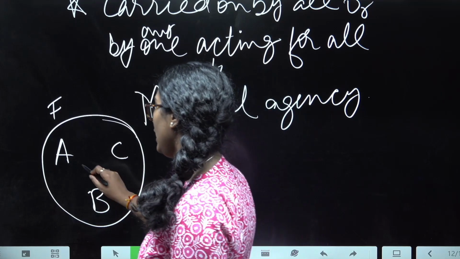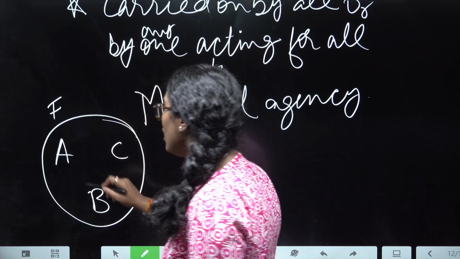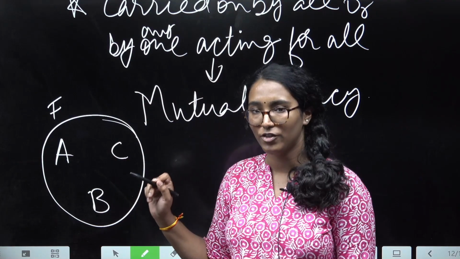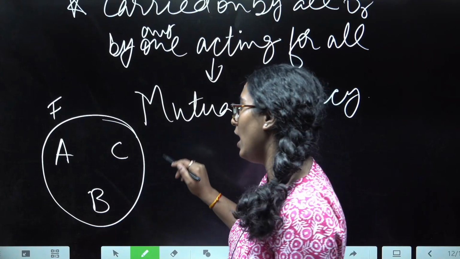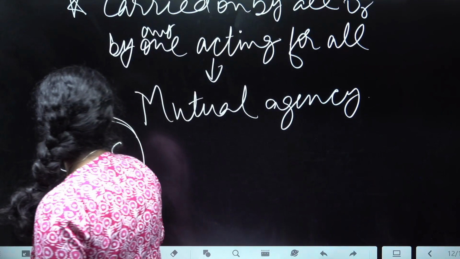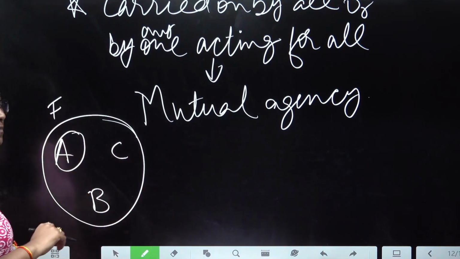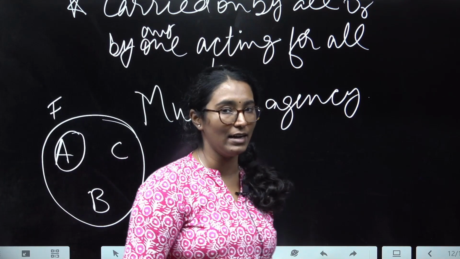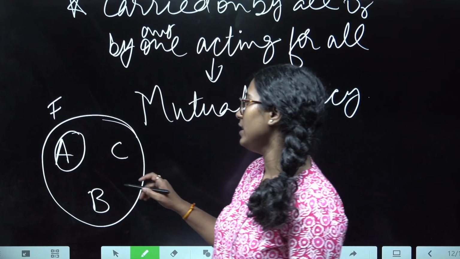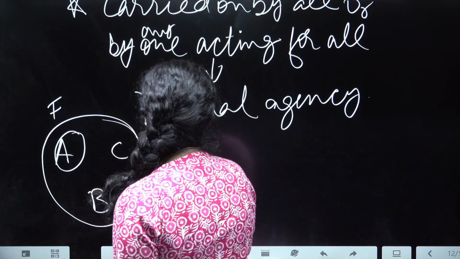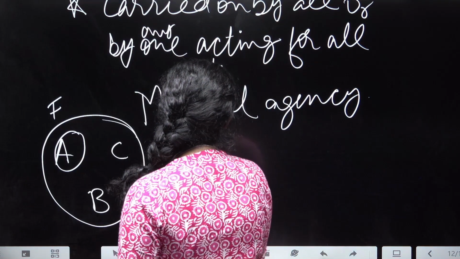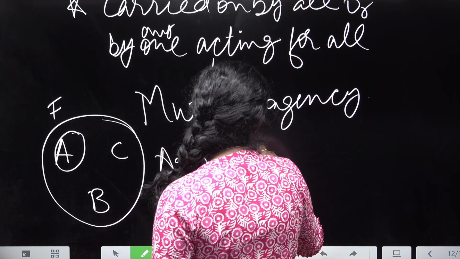Let's say if A, B and C all are carrying the business of the firm, they are all partners, and if only and only A is carrying on the business of the firm on behalf of B and C as well, then they have a relationship of agent and principal.